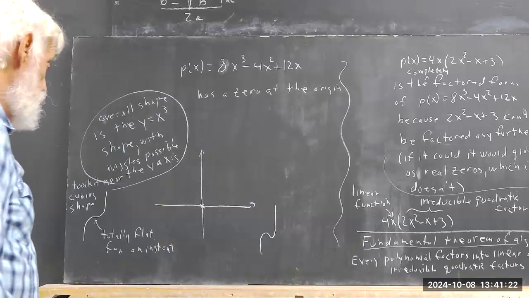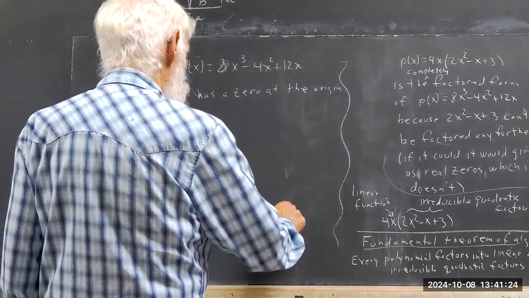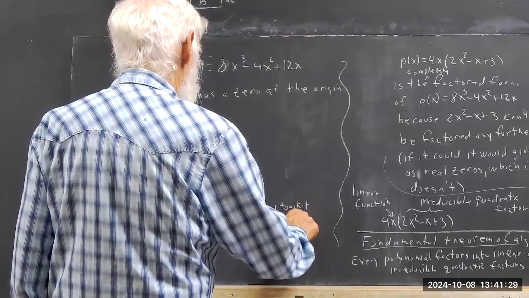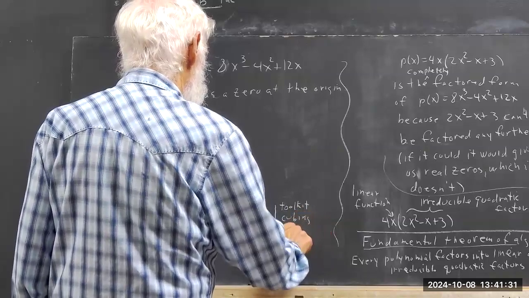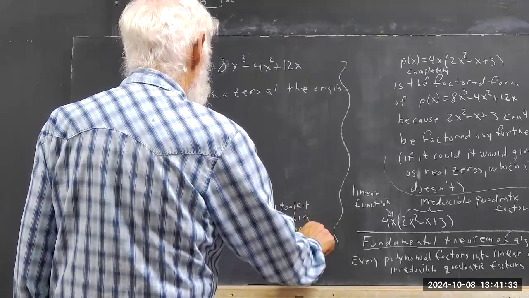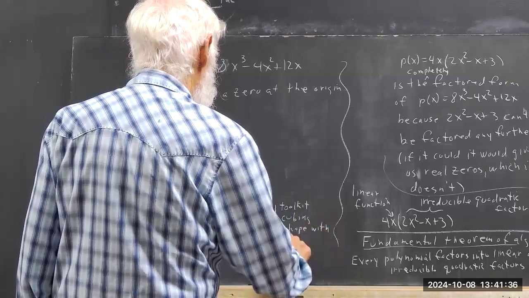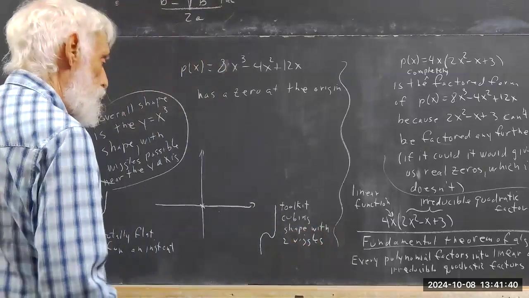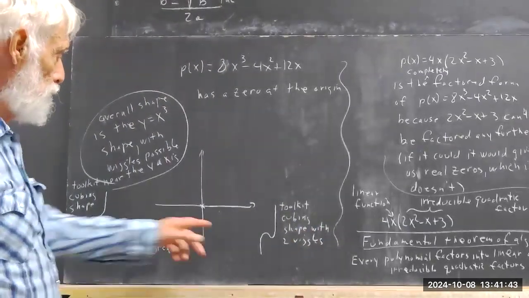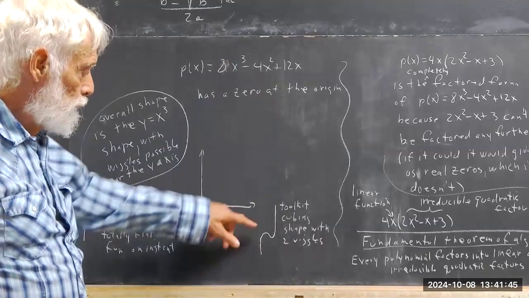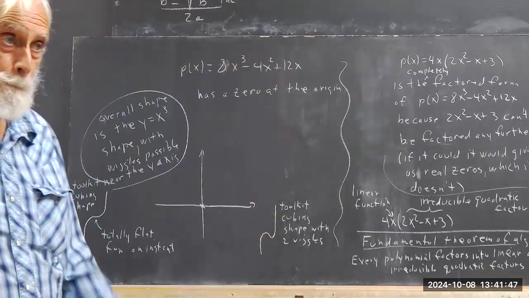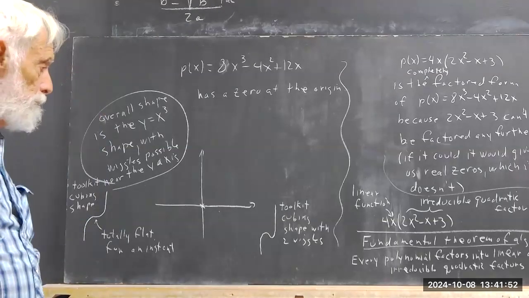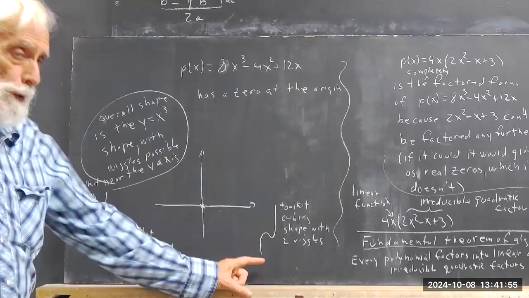Okay. That's still a cubic shape with two wiggles. One wiggle, another wiggle. Wiggle down, then it has to wiggle back up. Okay. That's as many wiggles as you can have.